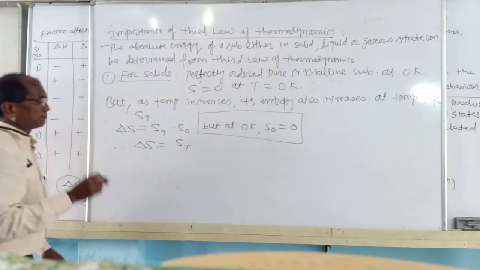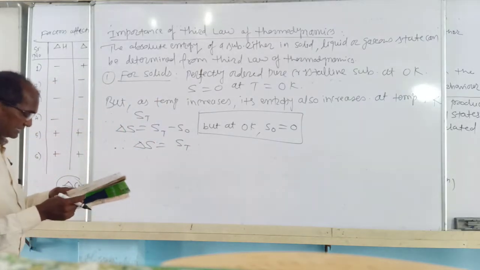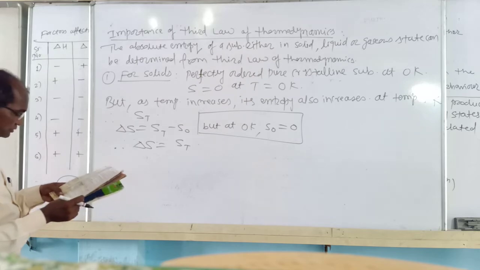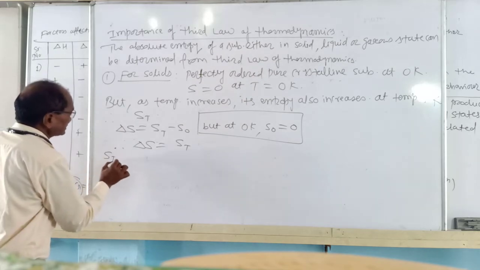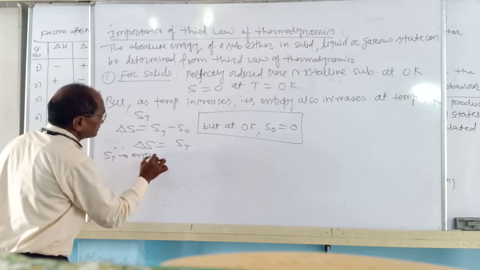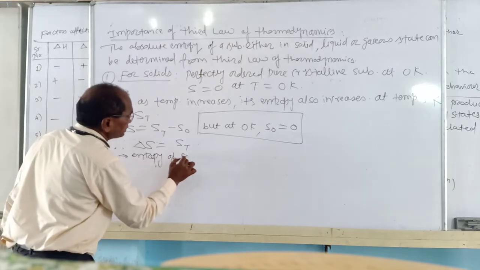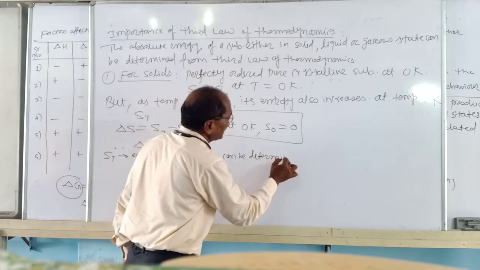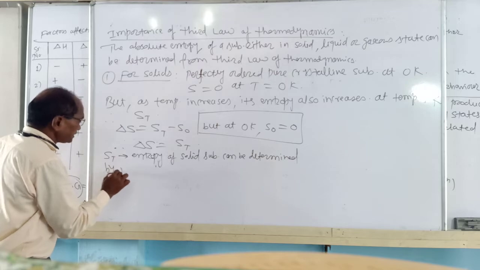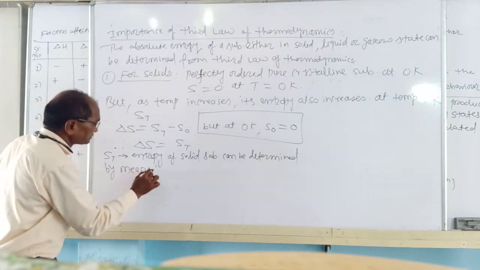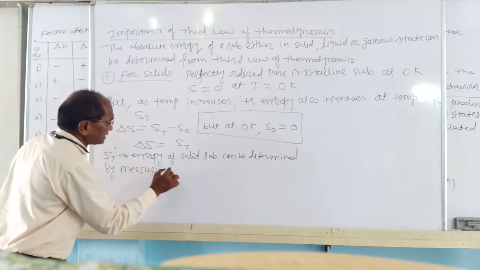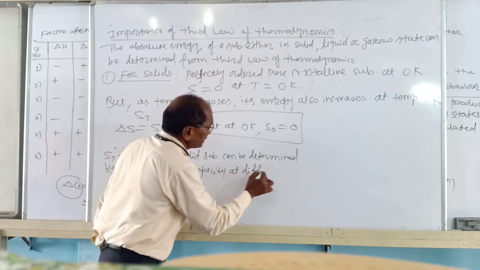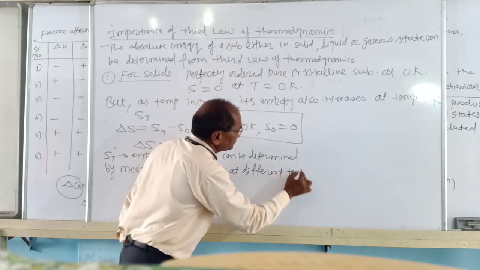This entropy of solid substance at T Kelvin temperature is determined by measuring heat capacity of solid at different temperatures. Entropy ST of a solid substance can be determined by measuring heat capacity at different temperatures.